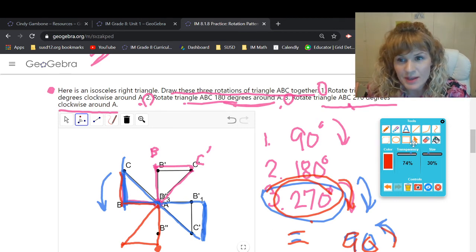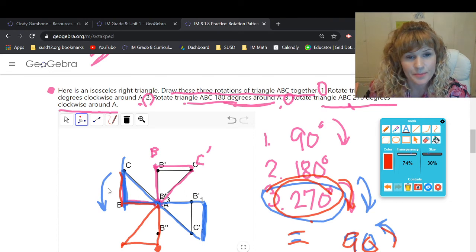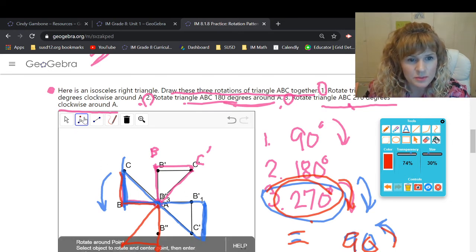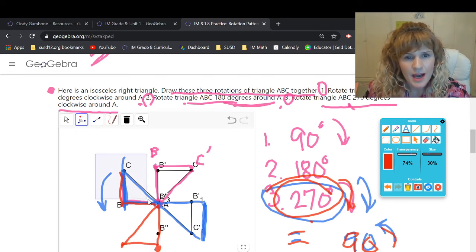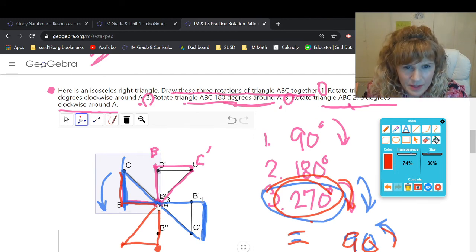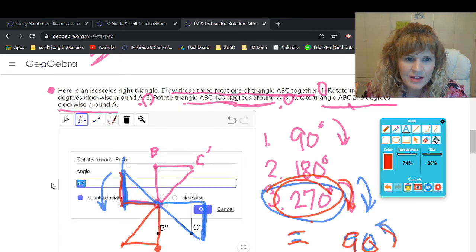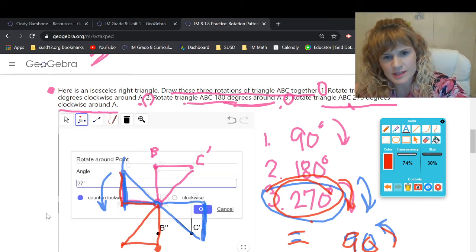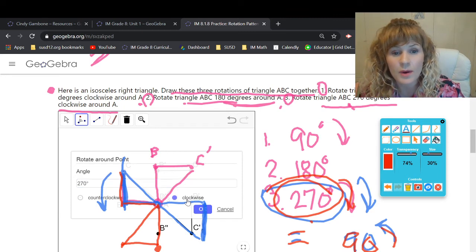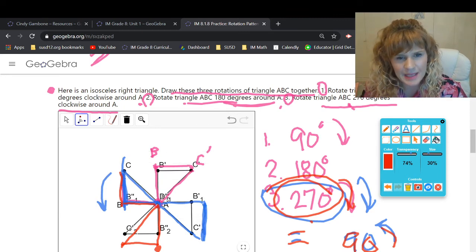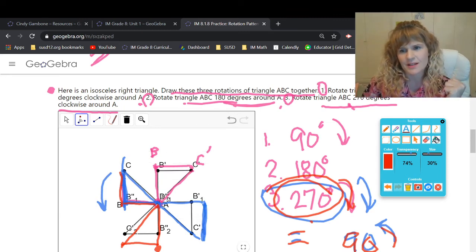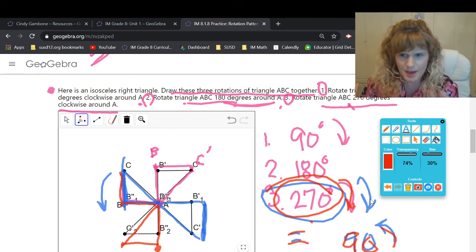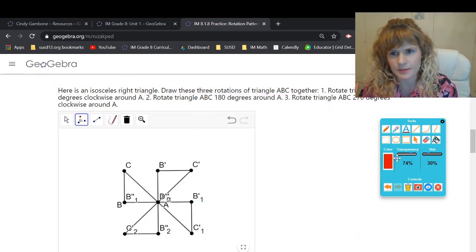If you don't believe me, you can try it yourself too. Click on the tool, Rotate About Point, highlight your figure, then click on the center of rotation, and I'll type in 270 degrees clockwise. Hit OK. Bing! I got it. Let me erase all my pen marks so you can see what we got.